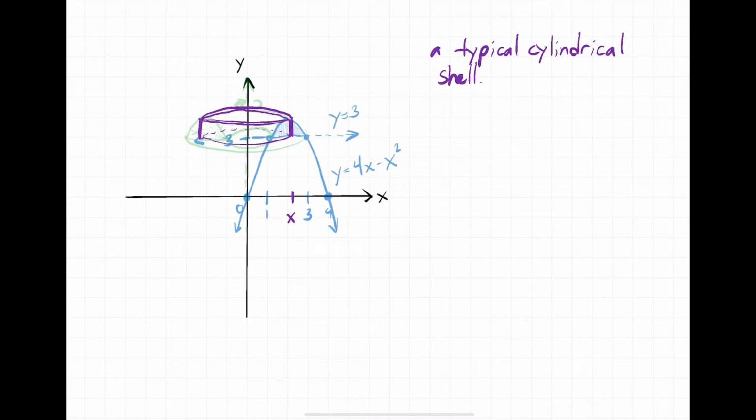And again, the reason that we have a cylindrical shell this time and not a disc or washer is because our rectangle that we drew, which is vertical because x is our variable and y is the function, so it goes in the y direction, is parallel to the axis of rotation. That's why it traces out a cylindrical shell.